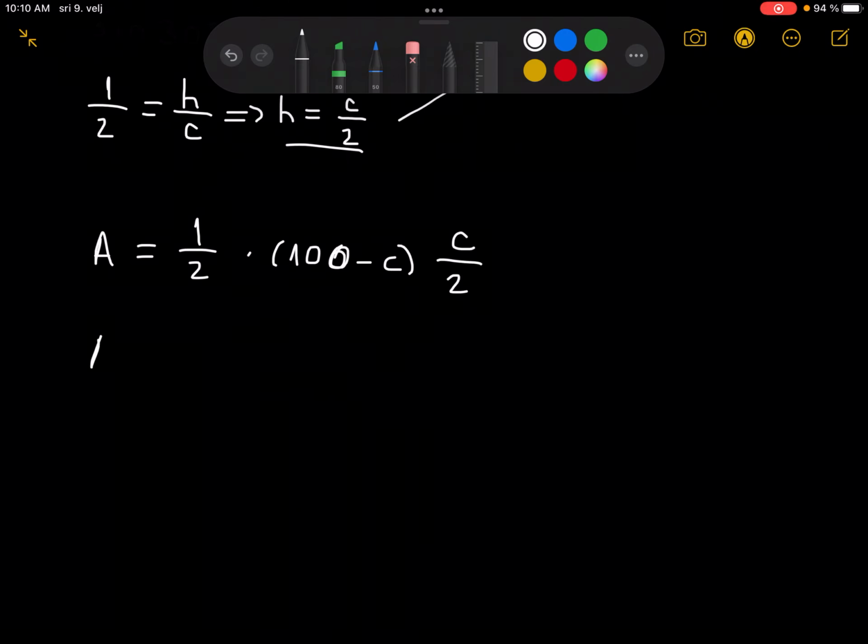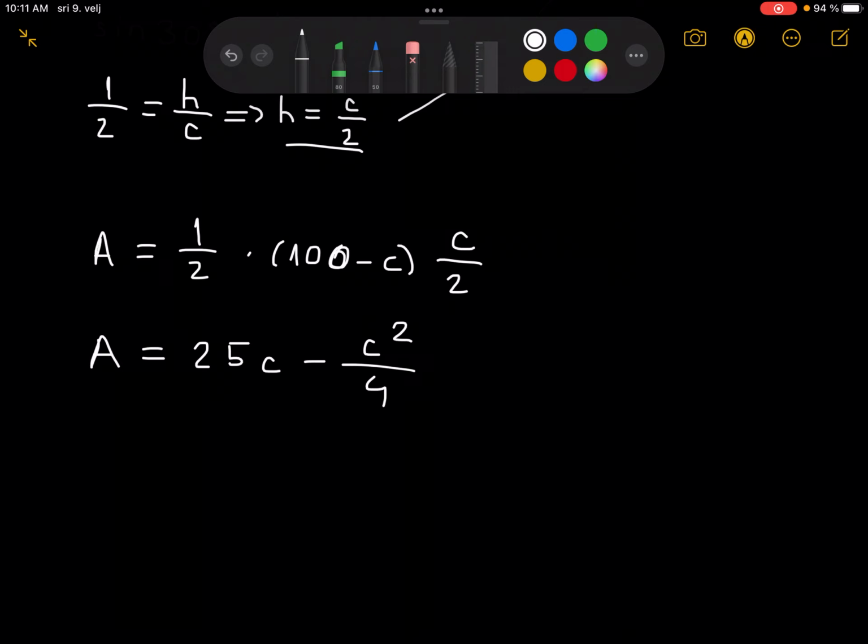Or when we expand that, we'll get 100 over 4, 100C over 4, which is just 25C minus C squared over 4.